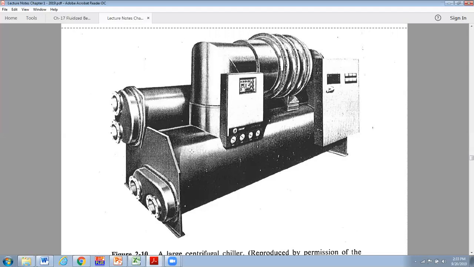You can tell on the unit because the evaporator is cold. That's where the cooling effect occurs. It's operating someplace in the low 40s, and it'll sweat like the dickens if it's not insulated. So all of the chill water and the evaporator lines will be insulated, and the condenser not so.